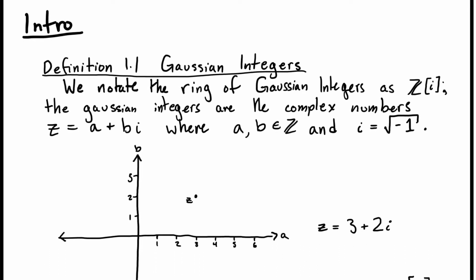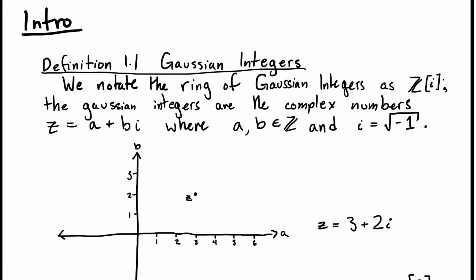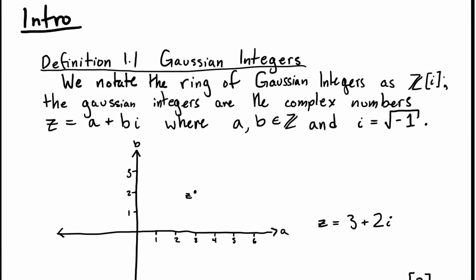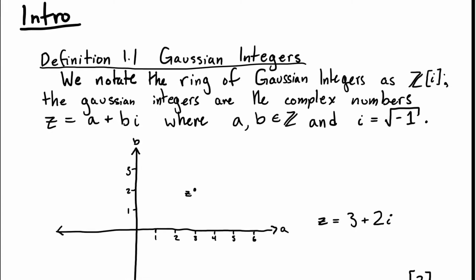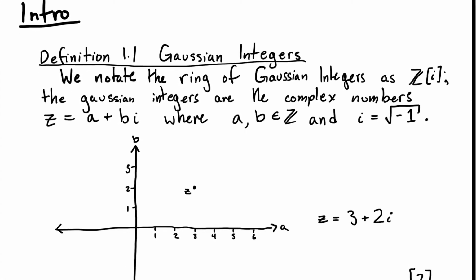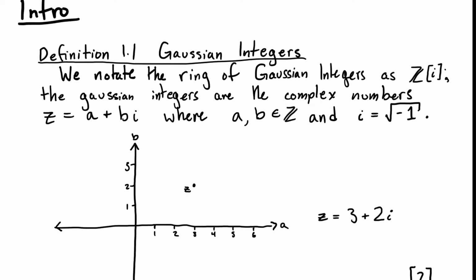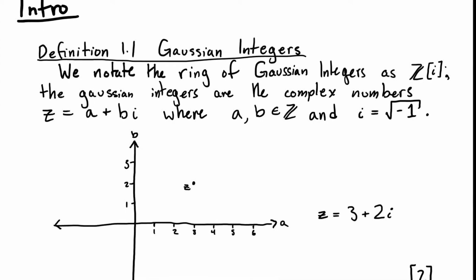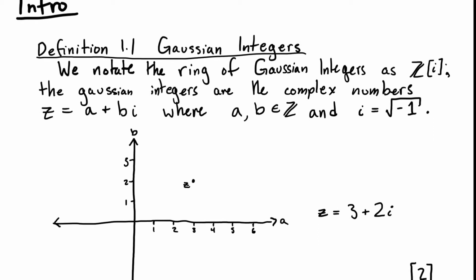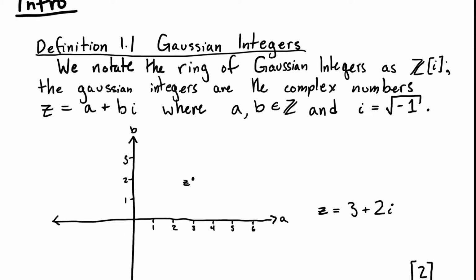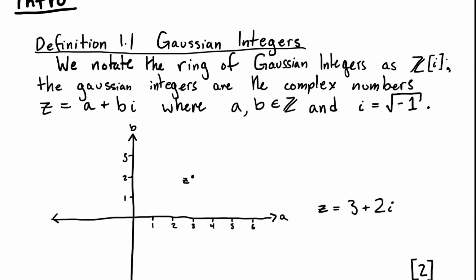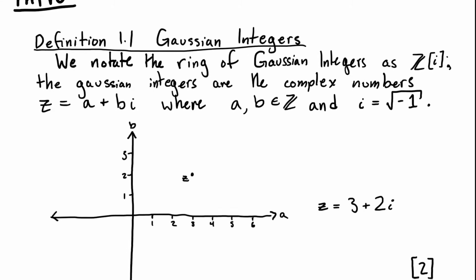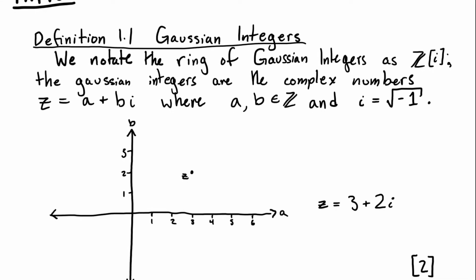We notate the ring of Gaussian integers as Z[i], where the Gaussian integers are the complex numbers z equal to a plus bi, where a and b are integers and i is equal to the square root of -1. Now, the great thing about complex numbers is that they form a plane.